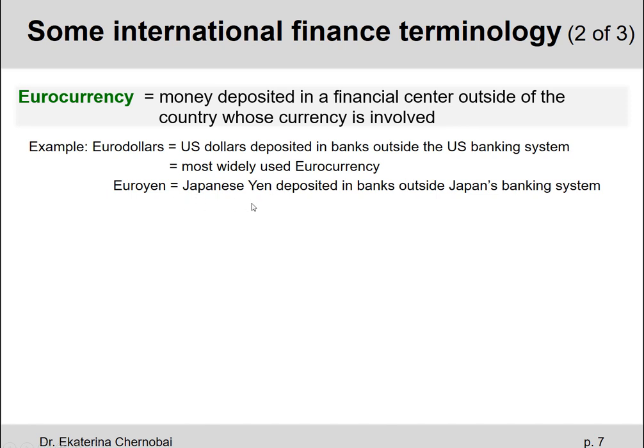There's also euro peso outside Mexico, right? There is euro yuan, Chinese yuan, but outside of China. There's also euro, right? Euro. What is that? Euros outside of Europe, outside of the European banking system. So somewhere else in other parts of the world.